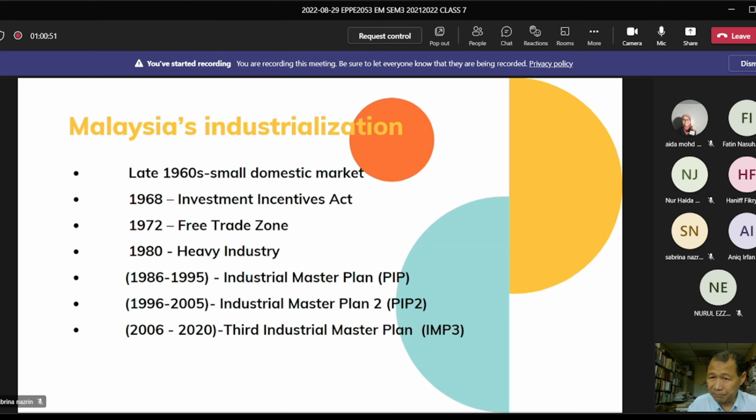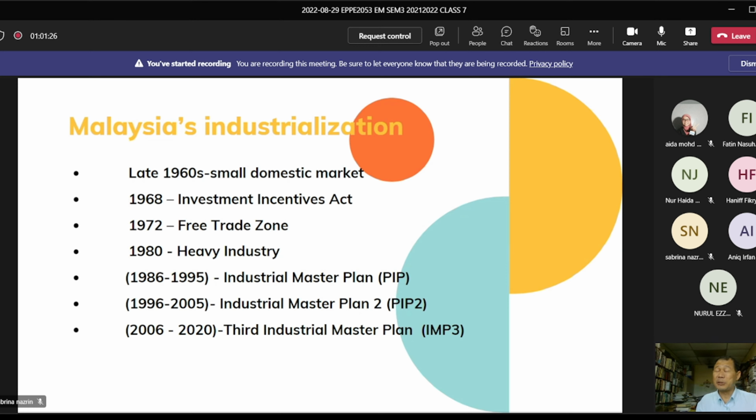And then the government wanted to promote domestic manufacturing of products which the country had been importing. So Malaysia embarked in 1968 on the Investment Incentive Act of 1968.